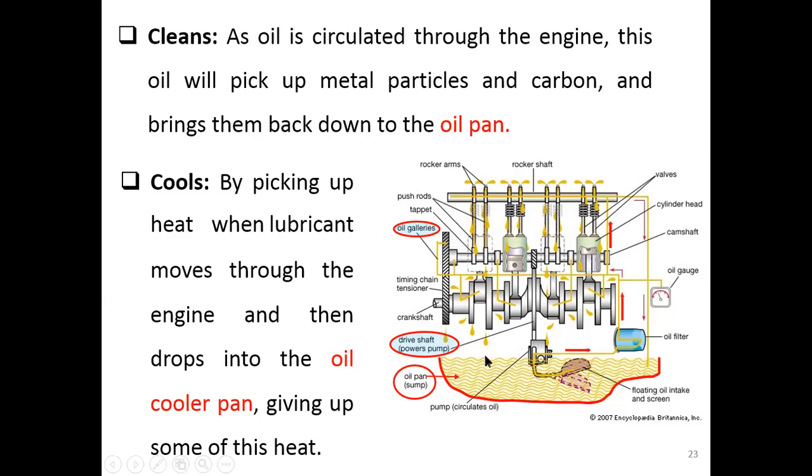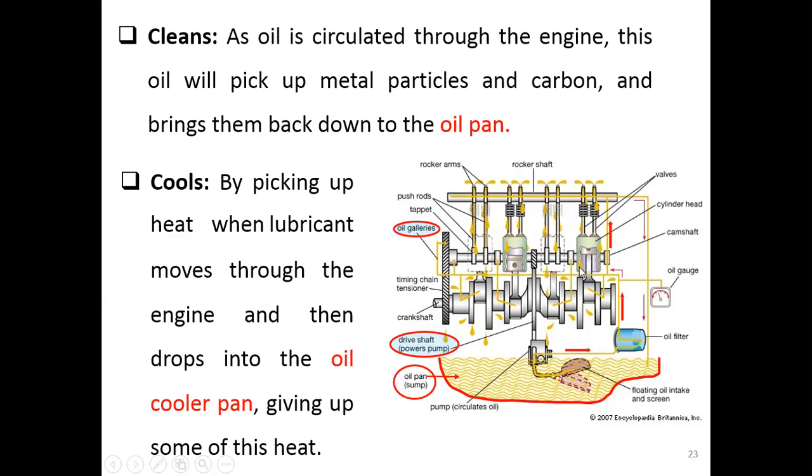So this is the oil pan, and sometimes they call it oil cooler pan, to keep some of the heat here. Because around here we have the air flow, so it transfers the heat to the air.